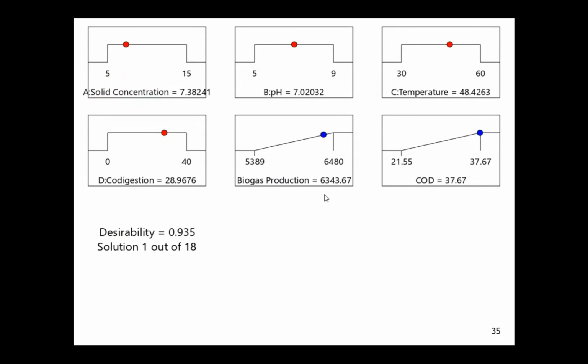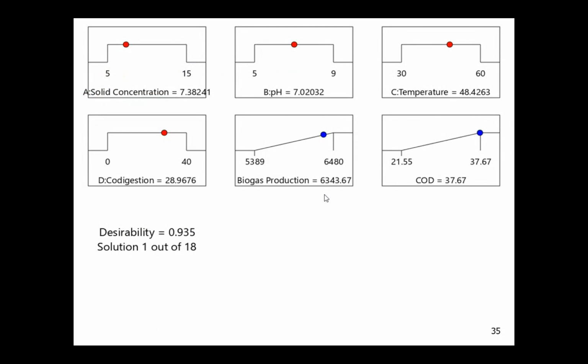So here this is a ramp plot. Here we can see I have selected 4 inputs: A, solid concentration, B, pH, C, temperature, and D, co-digestion. These are all the inputs. And 2 outputs I have considered: biogas production and chemical oxygen demand. In this case, my aim is to maximize the biogas production and to maximize the chemical oxygen demand.